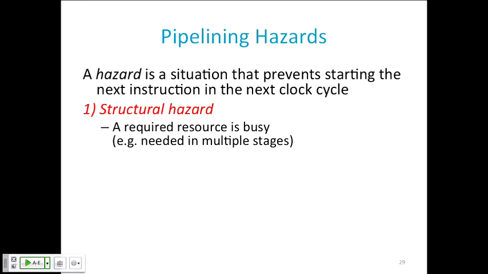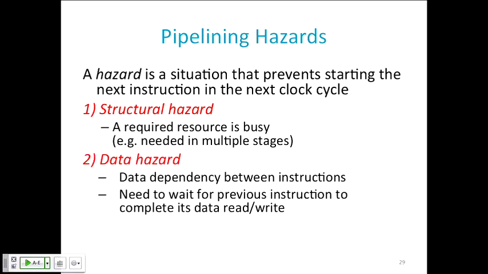One is called a structural hazard. This is when, to keep the pipeline flowing, 2 different instructions need to use the same physical resource, the same piece of hardware, at the same time. If the same piece of hardware is needed across multiple pipe stages, then you might get a conflict called a structural hazard, because 2 instructions are fighting over the same piece of hardware. We also have a data hazard, which is when there's a data dependency between the instructions.